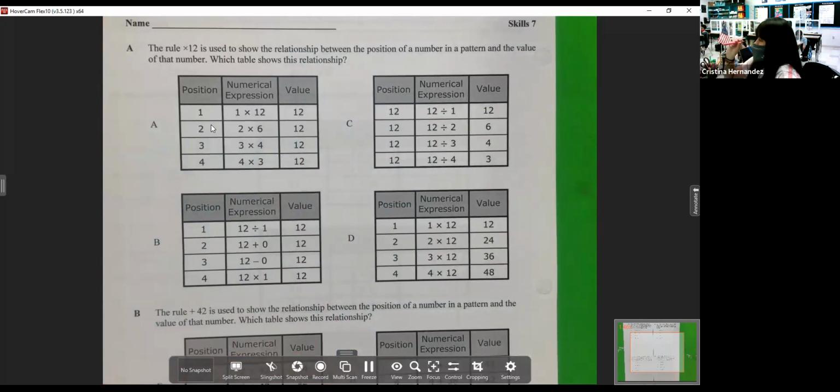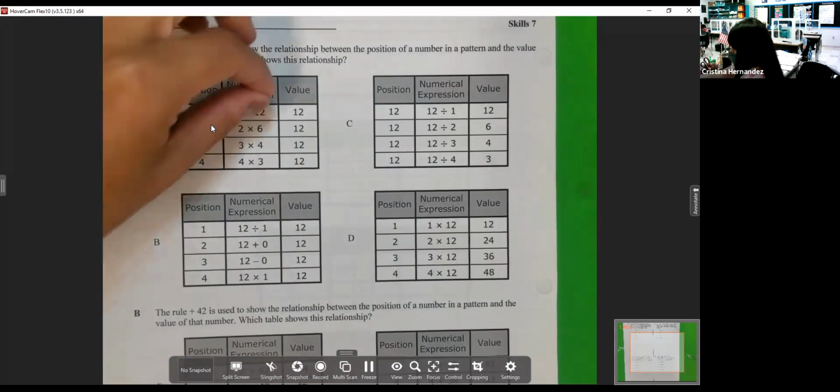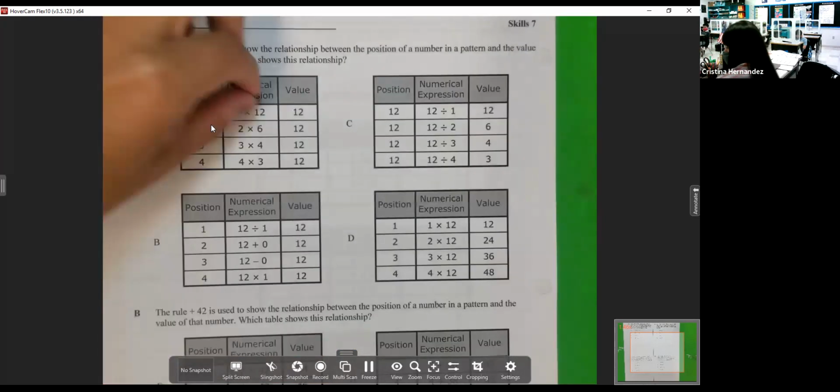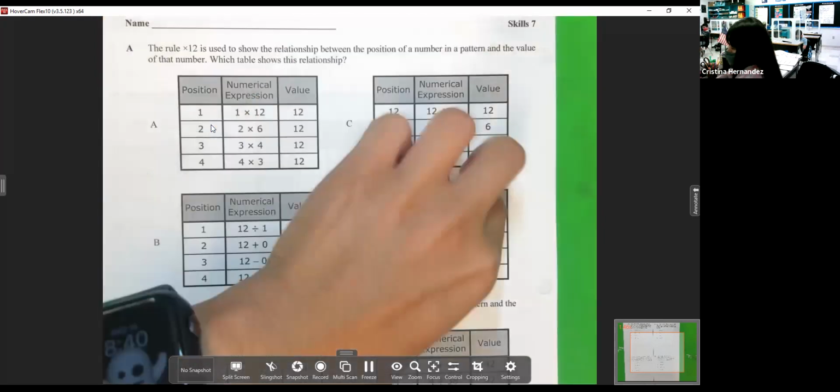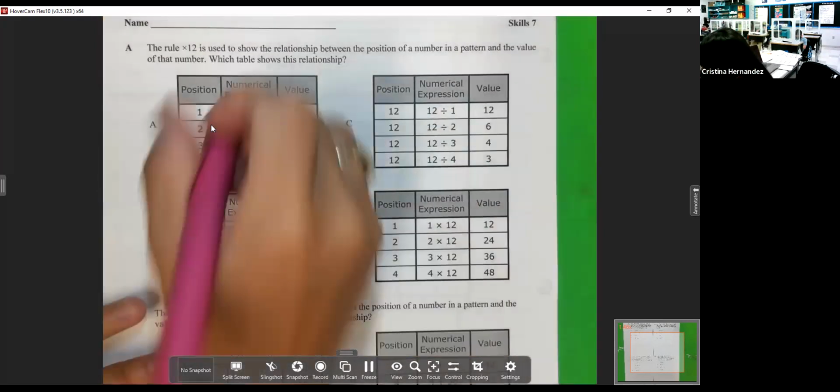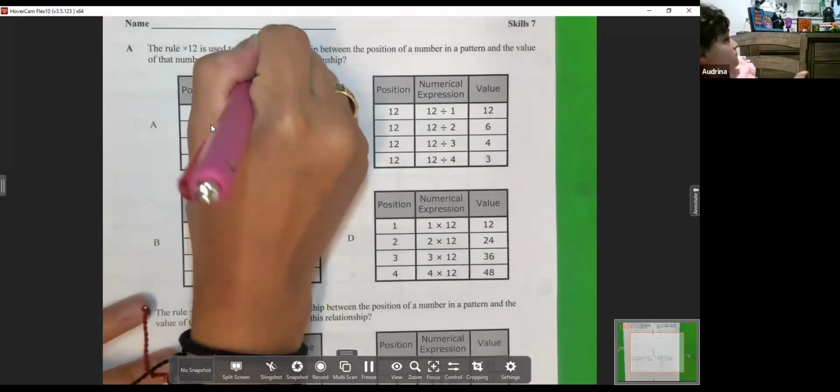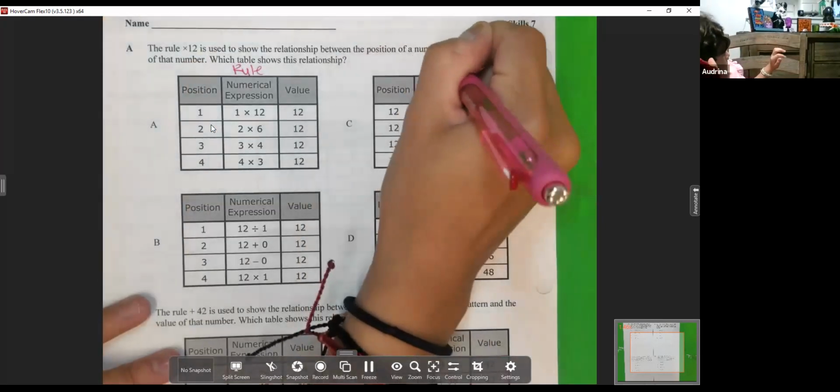So now, today, and probably tomorrow, we'll be looking at the middle part. And rule.